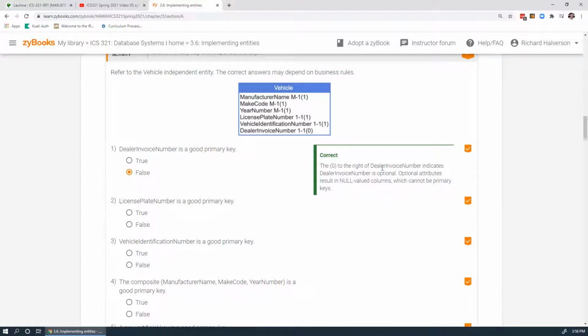Because to the right of the dealer number is a 0. The 0 to the right of the dealer number indicates the dealer invoice number is optional. Okay, so that's what's up. License plate number is a good primary key.